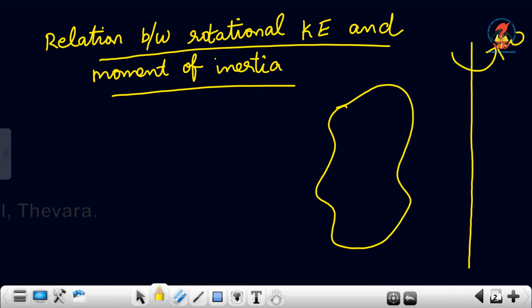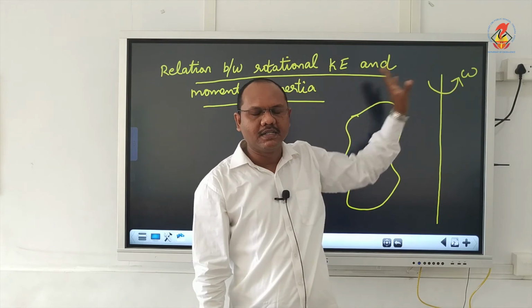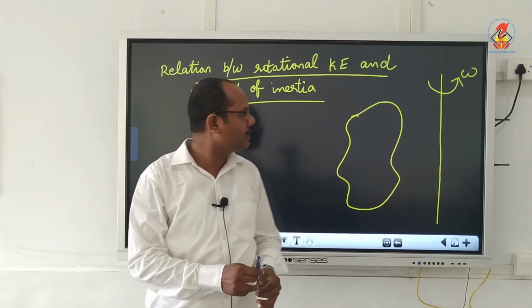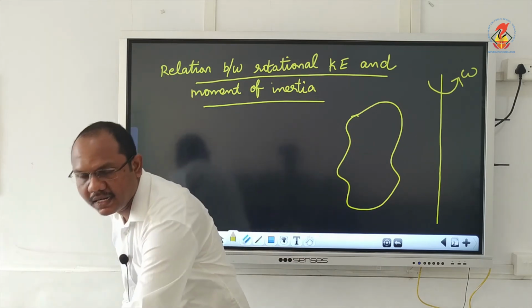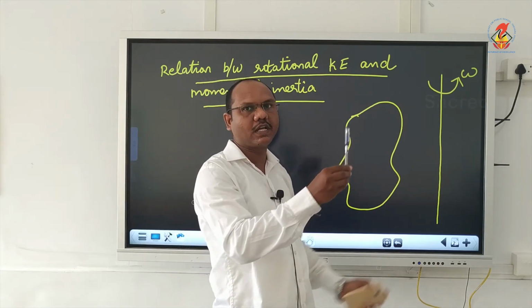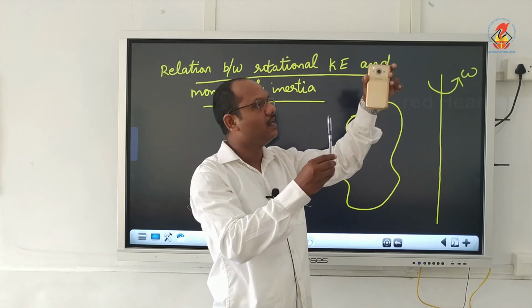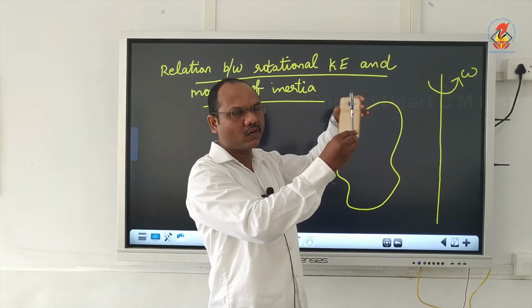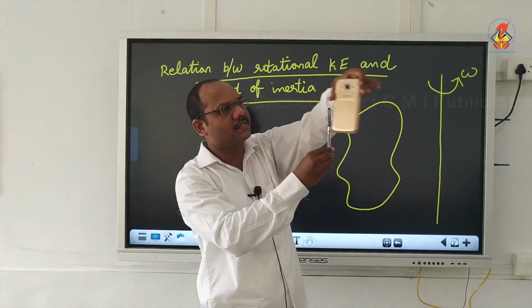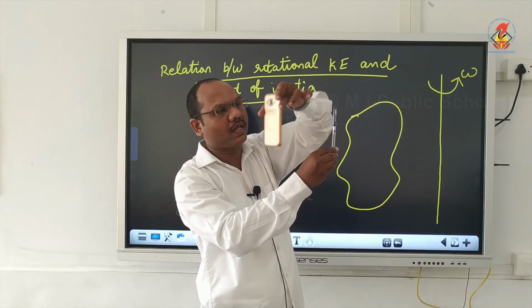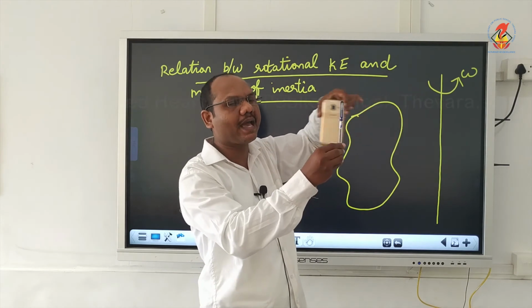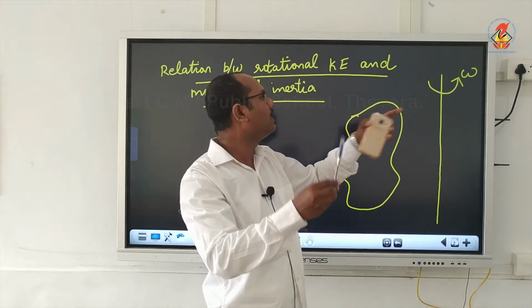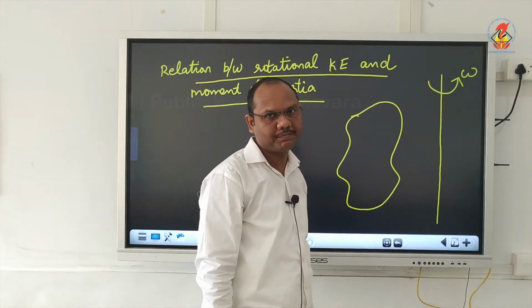Angular velocity I have marked as omega. The meaning of this figure is, imagine this rigid body rotating like this about the axis of rotation with uniform angular velocity.